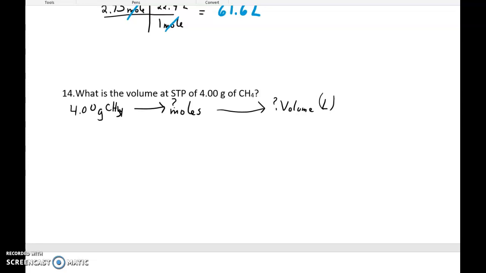Okay, to make this first conversion, we'll need to know the molar mass of our methane, our CH4. And we can look that up. Carbon is 12, and each of the hydrogens is going to be about 1. So we get 16.